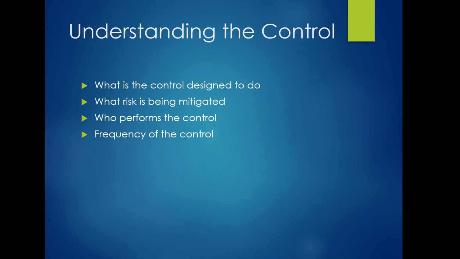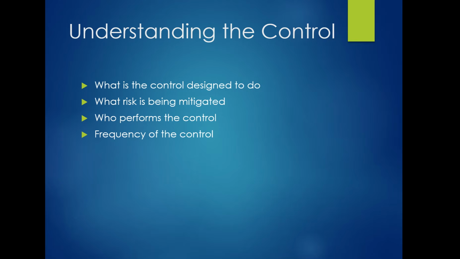Understanding the control. Before you are able to have clear work paper documentation, you must understand the control design, which would include being able to identify the control owner, the control frequency, and being able to understand how the control mitigates risk. Without this clarity, your testing procedures may not align with the intended control objective.